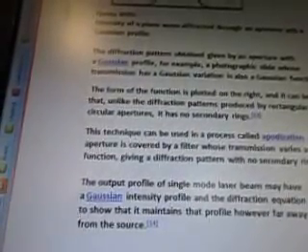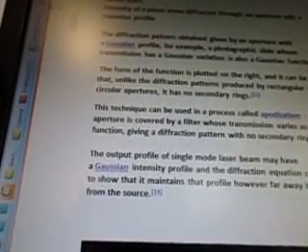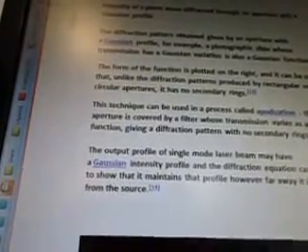This technique can be used in a process called apodization. The aperture is covered by a filter whose transmission varies as a Gaussian function, giving a diffraction pattern with no secondary rings. The output profile of a single-mode laser beam may have a Gaussian intensity profile, and the diffraction equation can be used to show that it maintains that profile however far away it propagates from the source.